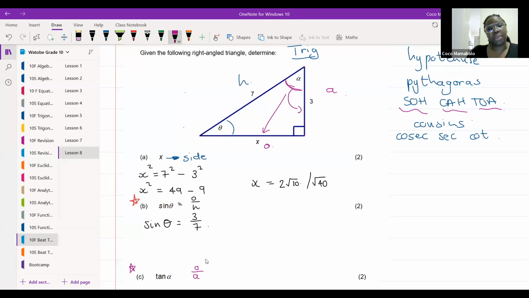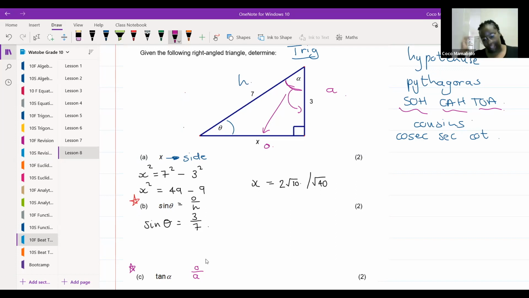All right, so give me an answer for tan of alpha, guys. I'm not going to accept the answer x over 3 because we just went through a whole thing where we found out what x was actually equal to. So put in the correct answer for that. Thank you, Leah. That's the one. Okay, don't use x anymore. We need to use the answer that we found for x. Well done, Anutida.